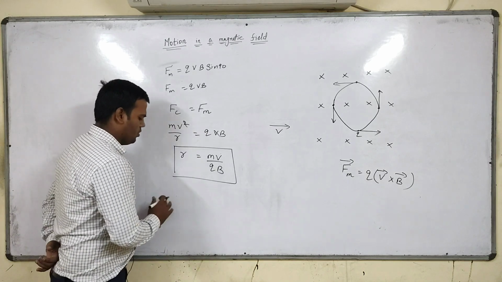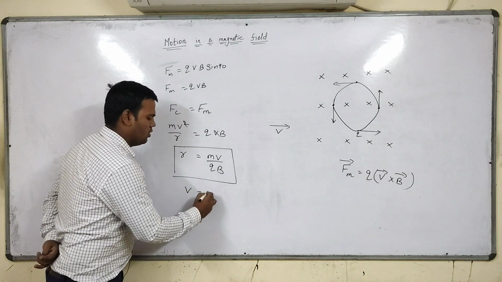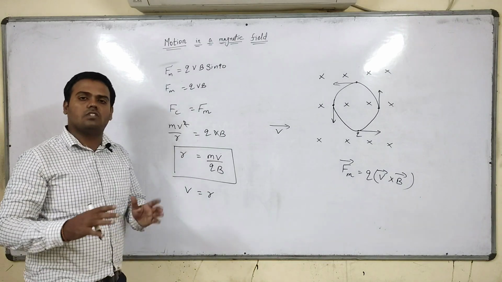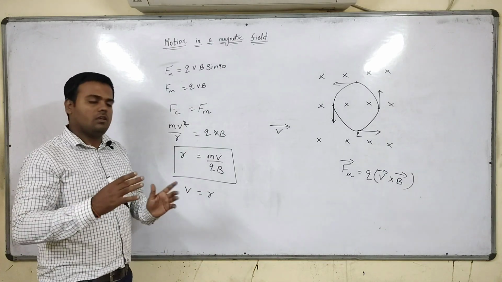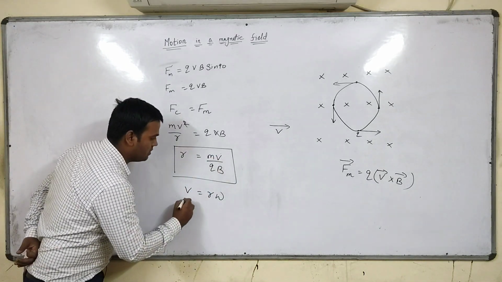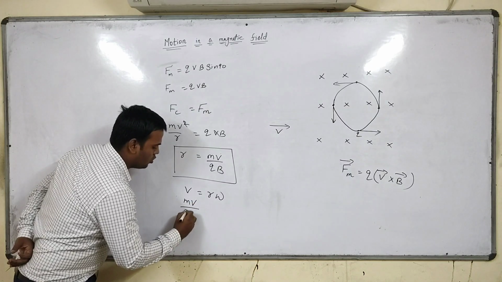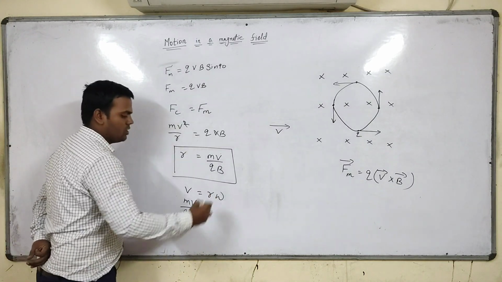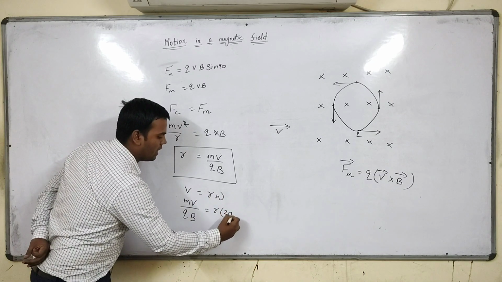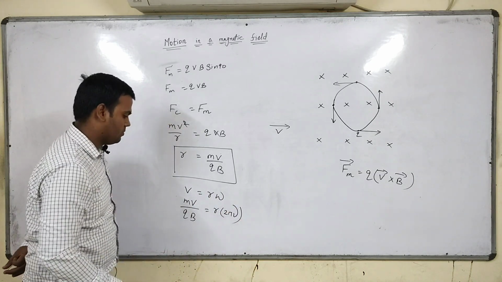And we know that V is equal to R omega in scalar form, or in vector form, omega cross R. Omega means 2 pi nu.